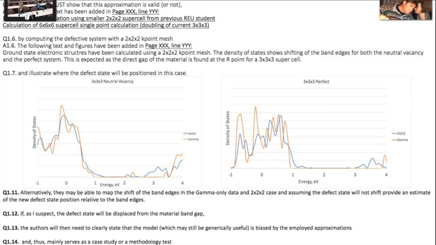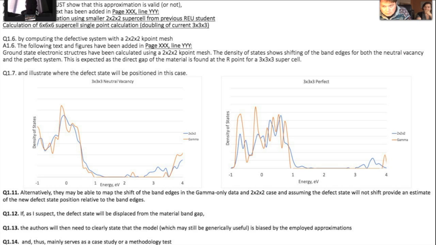One of the things that they really wanted us to do was to use a K-point mesh to determine the electronic structures instead of just singling them out at the gamma point. What I have here on the screen are two images comparing this 2x2x2 K-point mesh with the gamma point for both the vacancy and the perfect system.